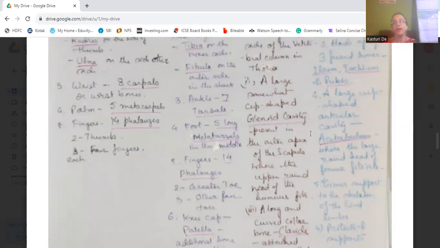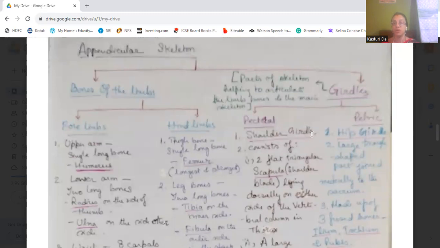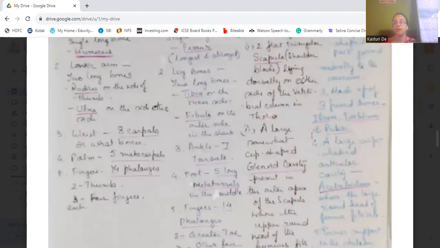Like that, in the hind limbs also, the thigh bone is a single long bone, which is the femur. This is the longest and the strongest bone in the human body. Then the leg has 2 long bones, one is tibia, another is fibula.